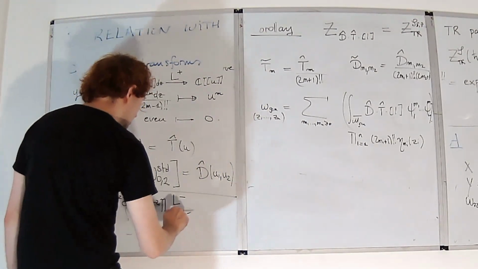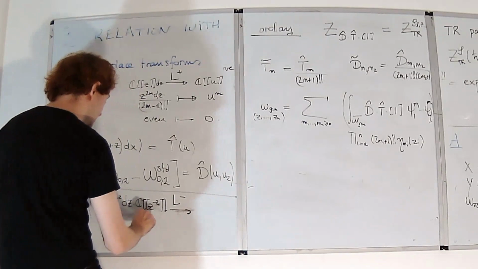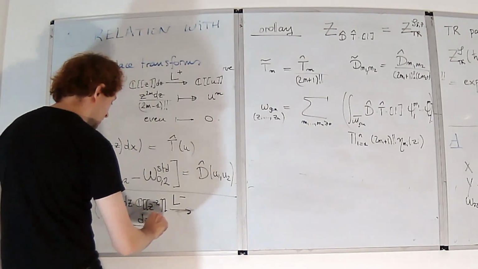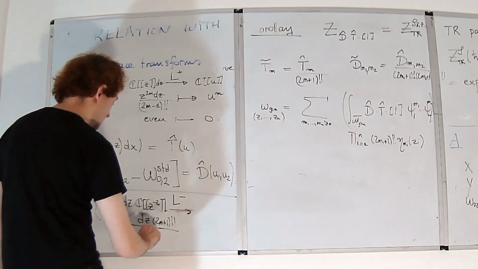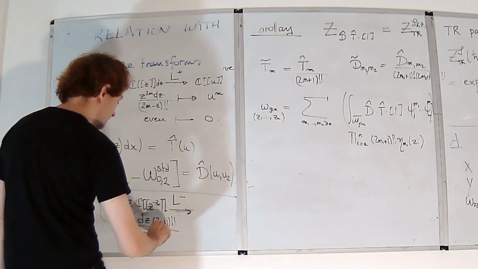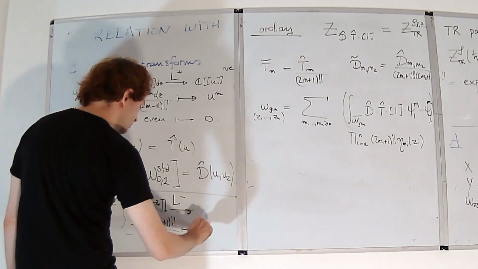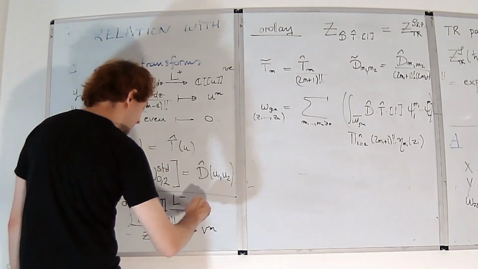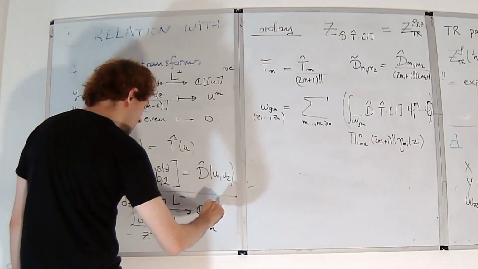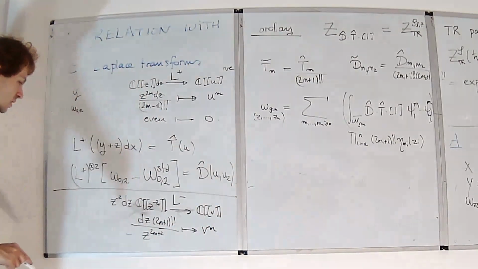L minus is going to send dz over z^{2m+2}, times (2m+1) double factorial, to what I will call v_m.